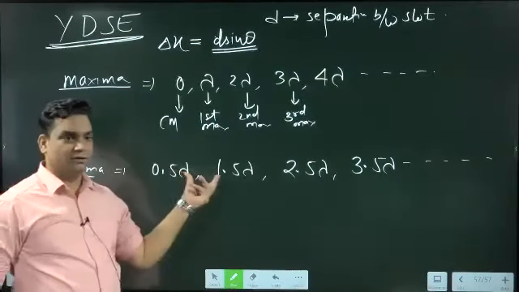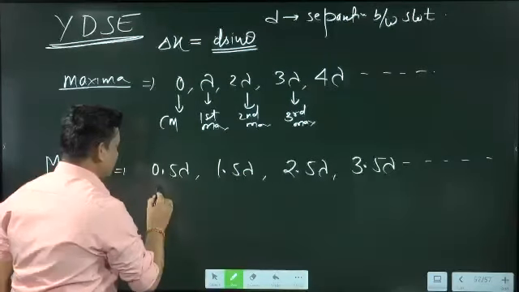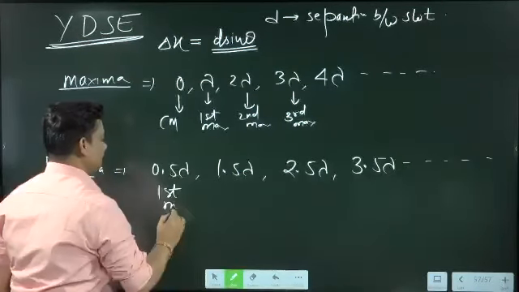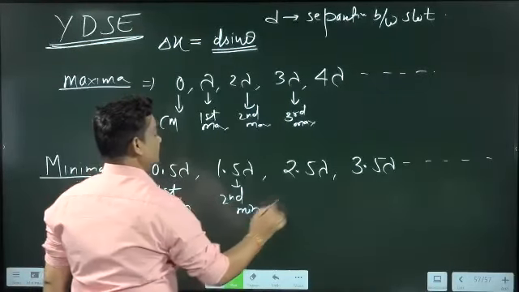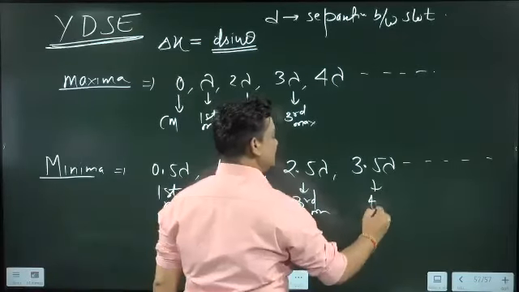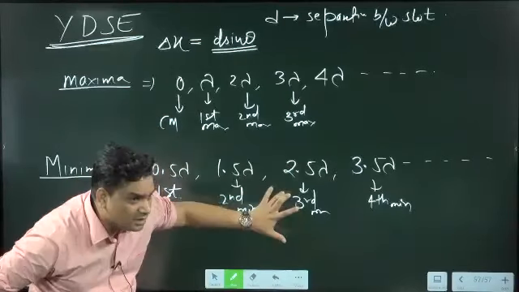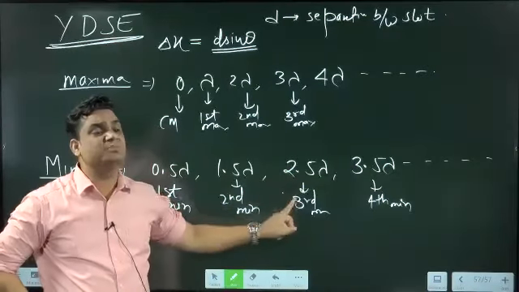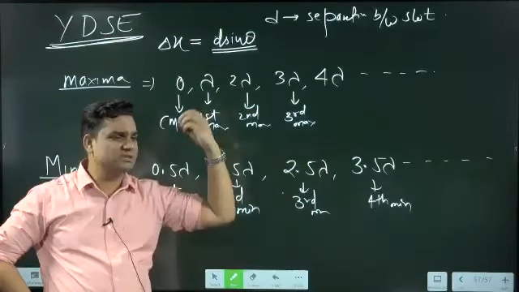0.5 lambda is the first minima, this is the second minima, this is the third minima, this is the fourth. So now you can easily remember the sequence. If I say 10th minima, it will come as 9.5, because if I tell the formula 2n minus 1, 2n plus 1, you will be confused.